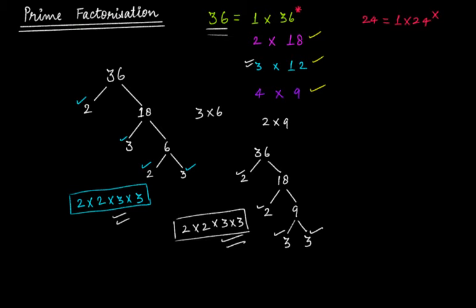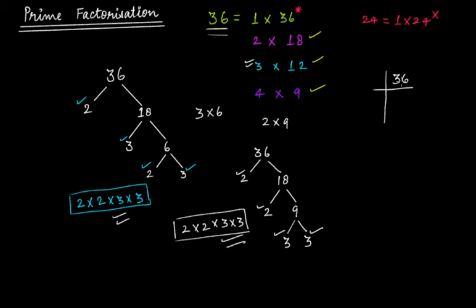Let's first apply that method on 36 itself. Say we have 36. What you have to do is just go on dividing it, factorizing it by using the prime numbers, and start with 2.